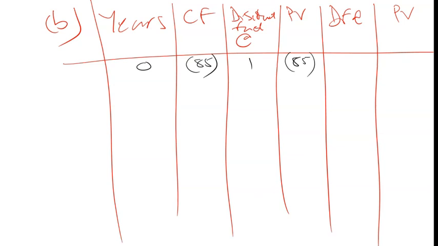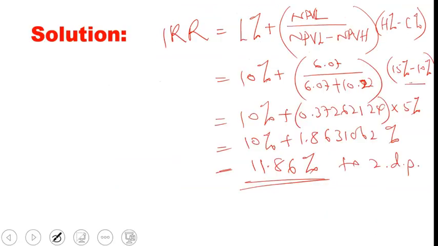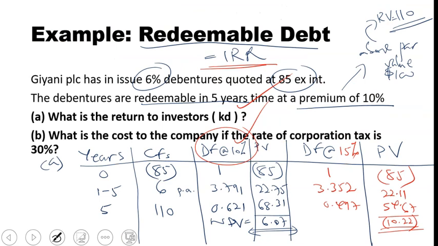The first rate we can use, let's just start with 10%. From year 1 to 5 we are paying interest, but now this interest is going to be tax adjusted. Remember, the interest rate was 6%.